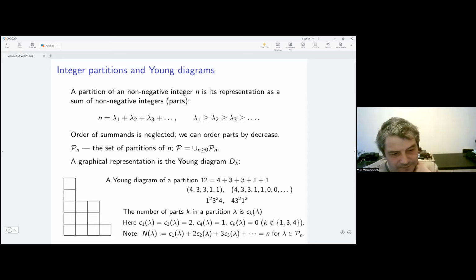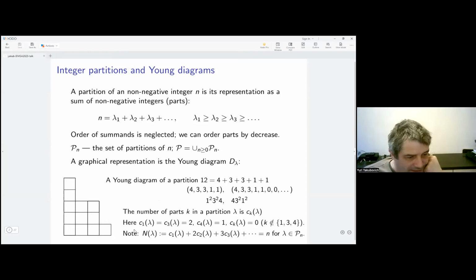This number of parts k is important for us, so we shall denote it by c_k. It's the count of parts k in a partition lambda. So in this example, I wrote these numbers.